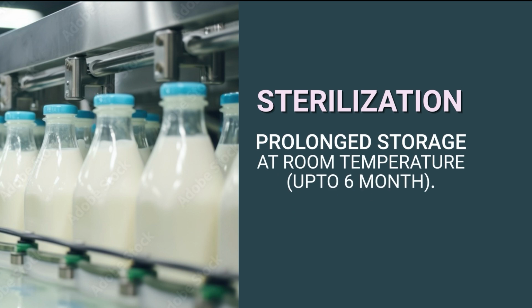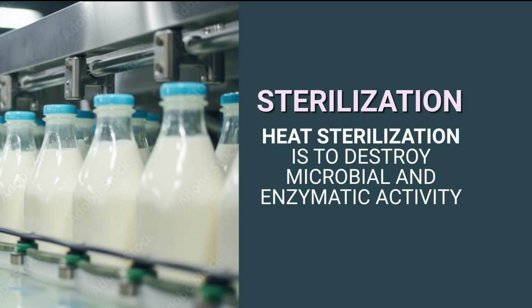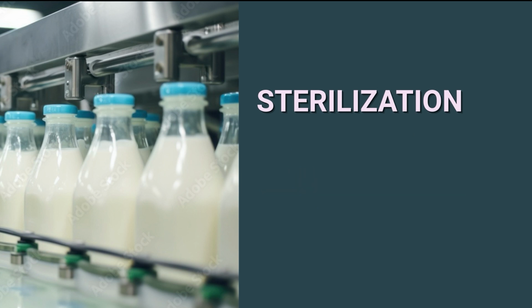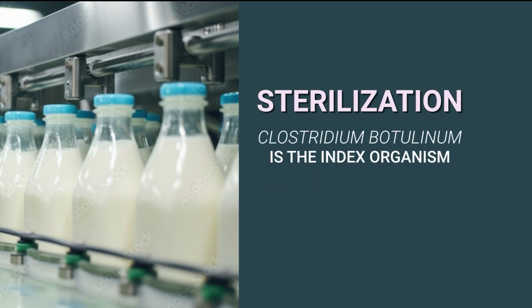So its shelf life is around 6 months, and the objective is to destroy the microbial and enzyme activity, and the index organism is Clostridium botulinum. So, in the process, we take the milk, put it in a container and heat it in the range of 110 to 130 degrees centigrade for 10 to 30 minutes, and this is known as in-container sterilization.